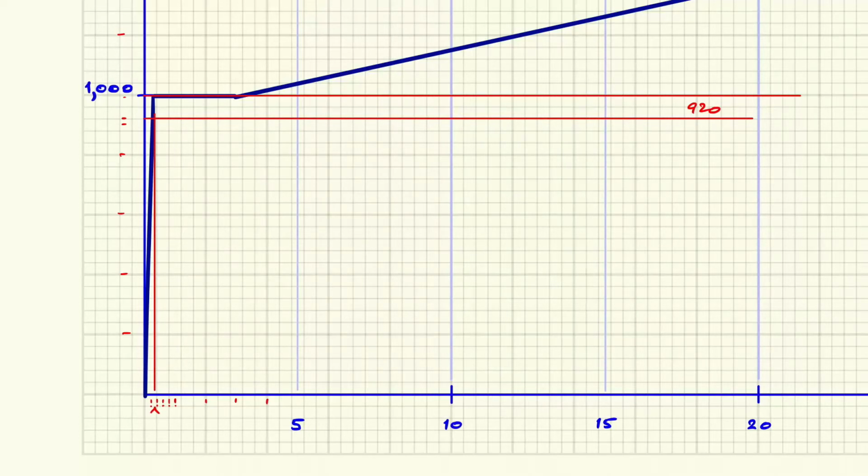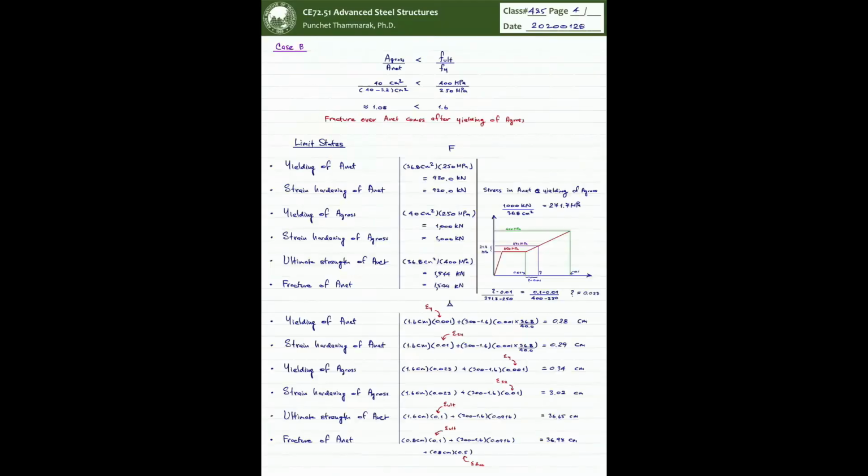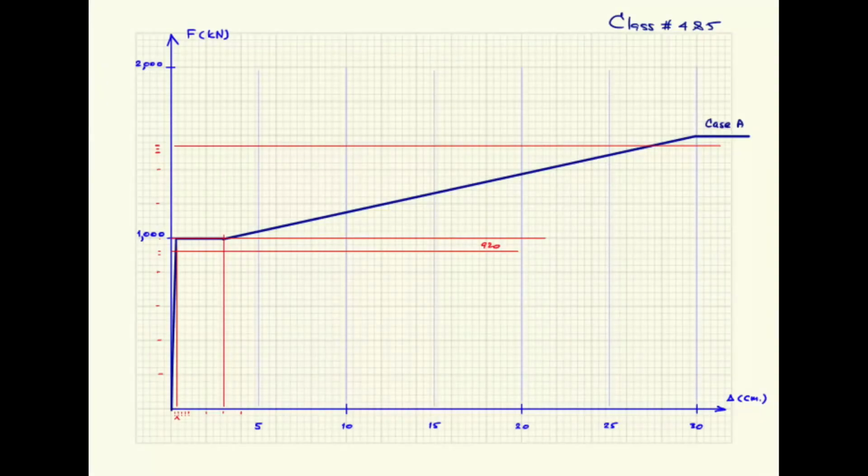And then we have the 3 centimeters, which is here. And then 36, right? 3.02, 36.6 and 36.9. And that doesn't make a big difference.